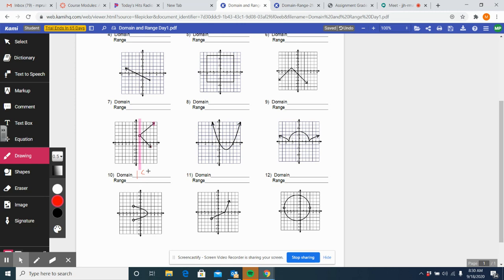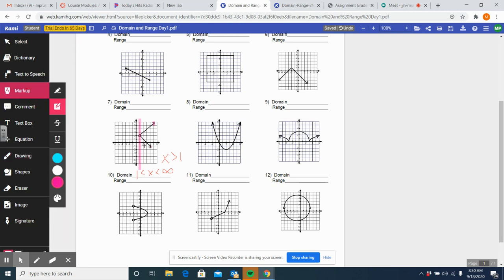So that's less than x, which is less than, and we said these go on and on to infinity. Okay? Or you can write it as x, and then since this is an open circle, it'd be greater than, and then what is that number? 1. Okay, because it's all numbers greater than 1. Domain is all numbers greater than 1, or it's 1 to infinity, however you want to write it.